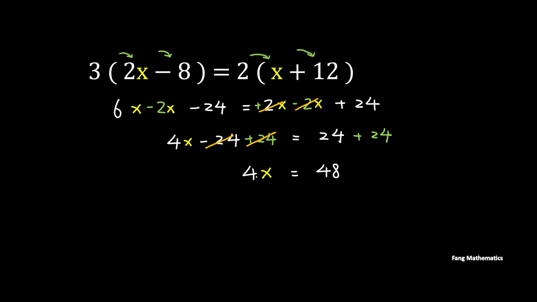Then we are to remove multiplier 4 by dividing 4 on both sides. On the left, I believe the 4 and 4 gets eliminated, leaving you the x. And the right, 48 divided by 4, that should give you 12.